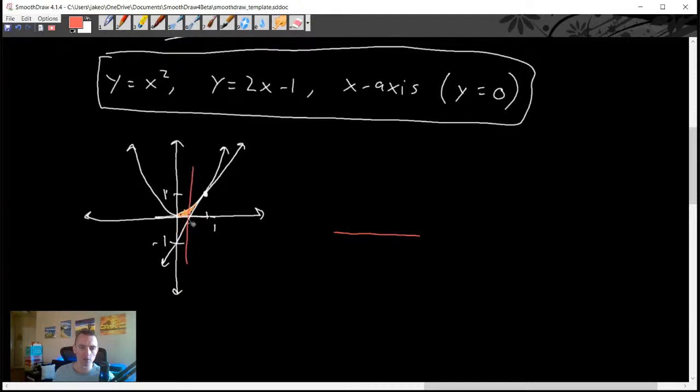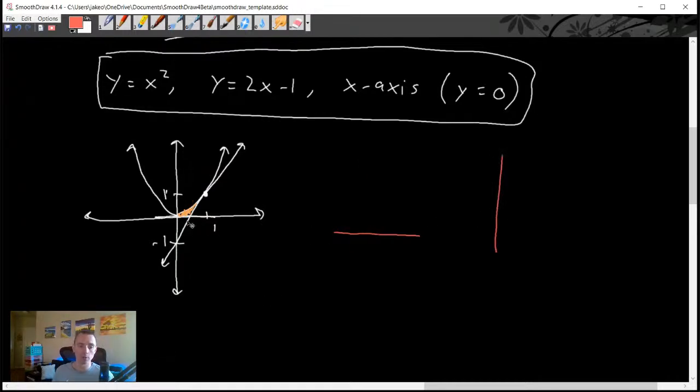But then as soon as we get to right here, basically the right half of this, the bottom edge of our orange region is the line, and the top edge is the parabola. So for everything right of where this line is here, we have the top being the parabola and the bottom being that line. Everything to the left of it, we have the top being the parabola and the bottom being a different line. So basically we have two different top and bottom functions, which is not great. You don't really want that.